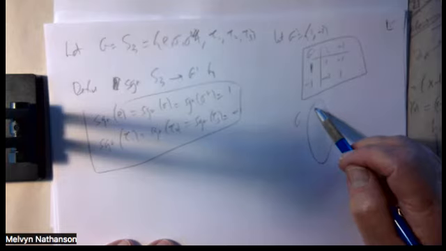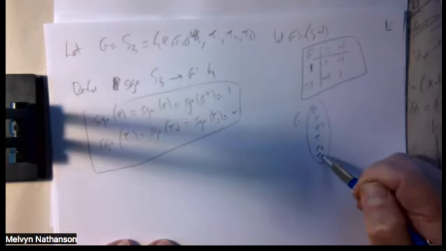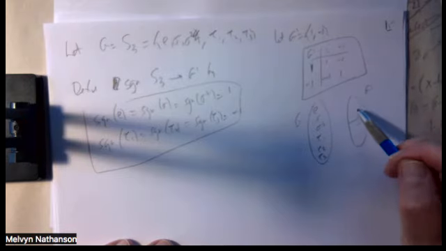So here I have G. It contains the identity, sigma, sigma squared, tau 1, tau 2, tau 3. Here I have G prime, which just contains the numbers 1 and -1. And this function, these three elements go to 1, and these three elements go to -1.